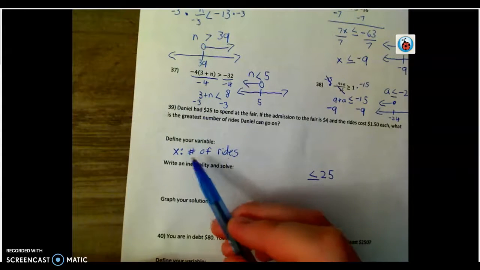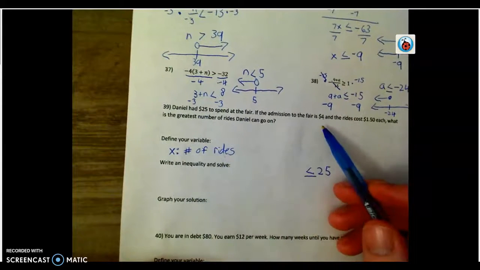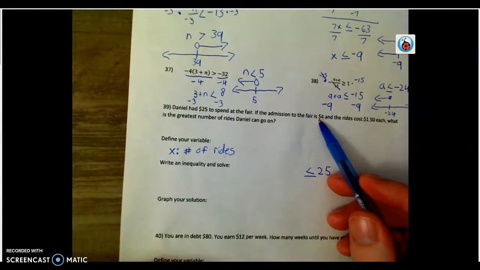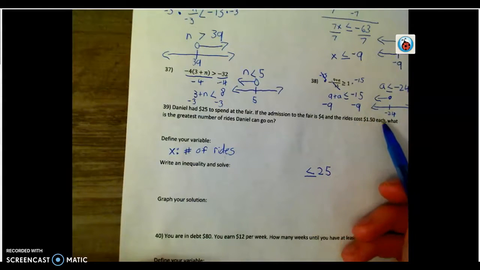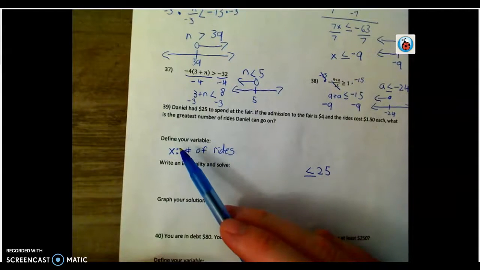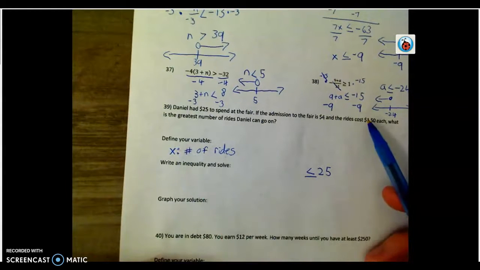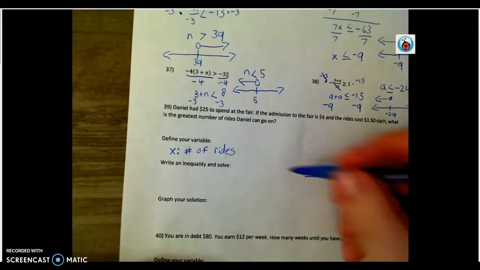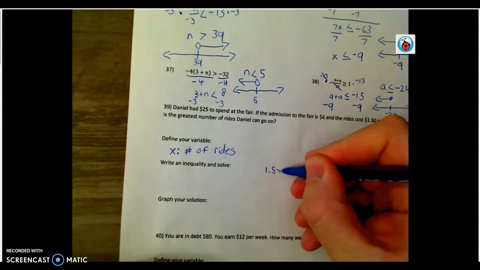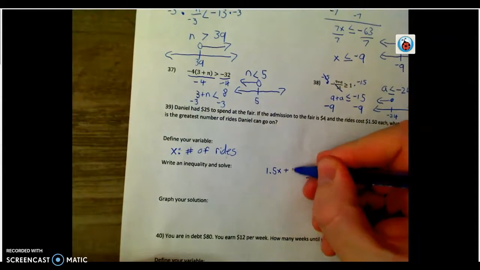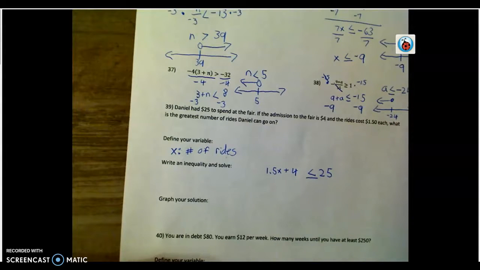When we think to ourselves, does it make more sense for x to belong to the $4 admission fee or the $1.50 per ride? Hopefully it makes more sense that the x would belong to the dollars per ride. So it's going to be 1.5x plus 4 is less than or equal to 25.